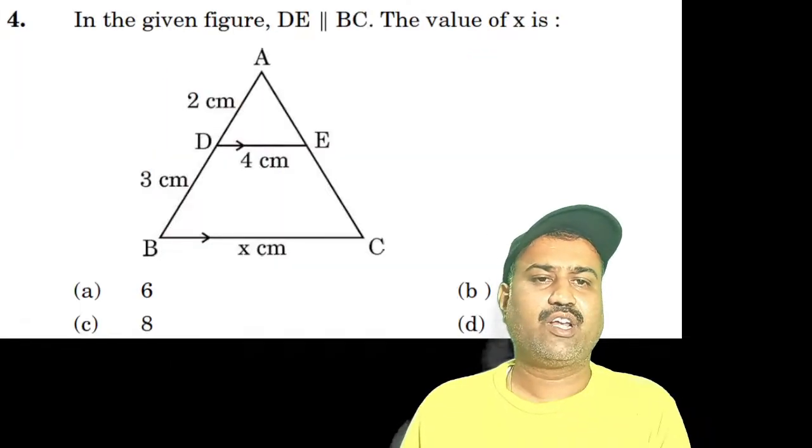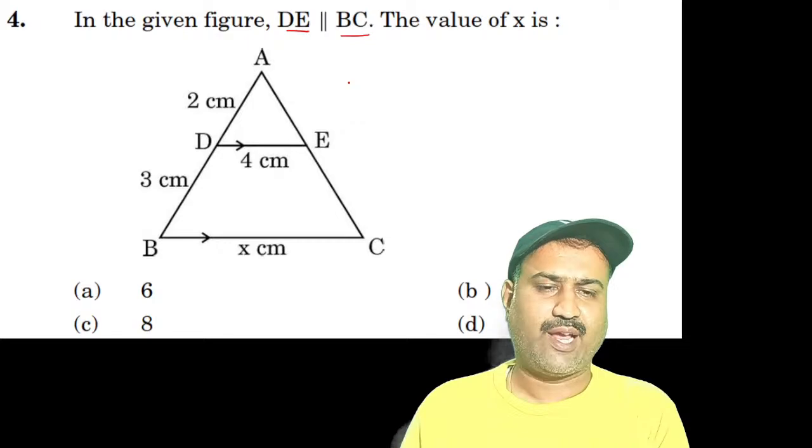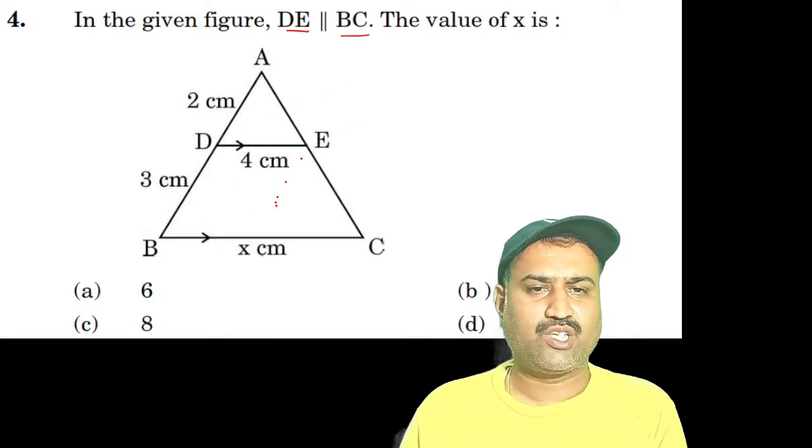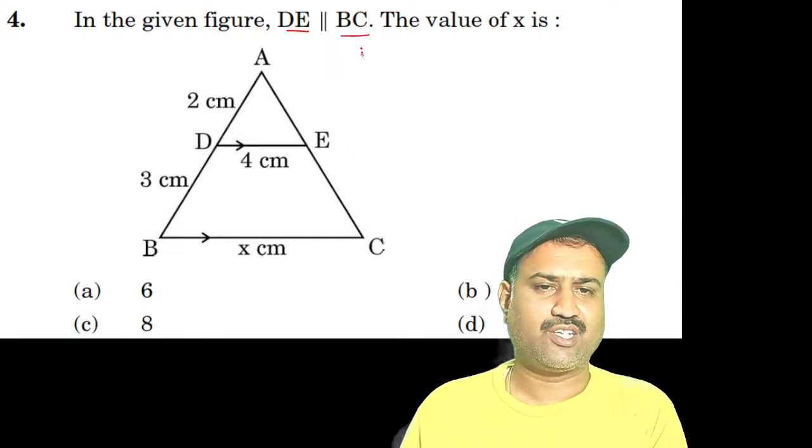In the given figure, DE is parallel to BC. It's a triangle ABC here. It's a triangle topic. DE is parallel to BC. Therefore, I can write by BPT, no need to write the BPT theorem, etc. here, unnecessary steps.